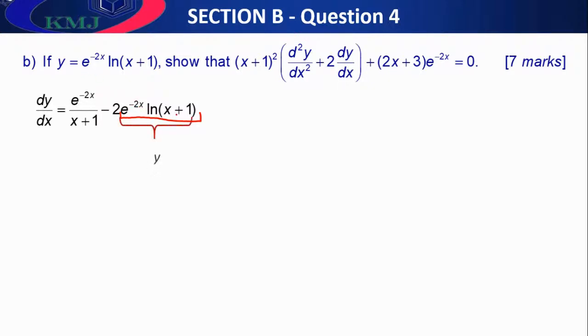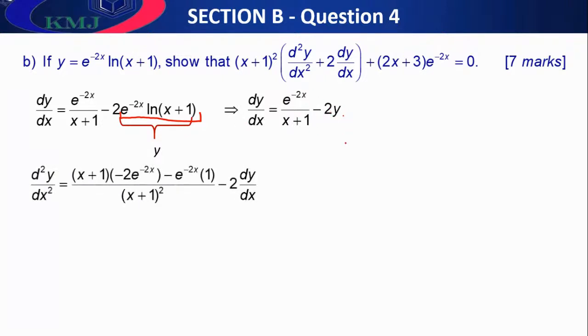So what we can do here is rewrite the first derivative as e^(-2x) over (x + 1) minus 2y. We just rewrite into this form, minus 2y. Now we can find the second derivative easily. So differentiate the second time, you get the second derivative d²y/dx².